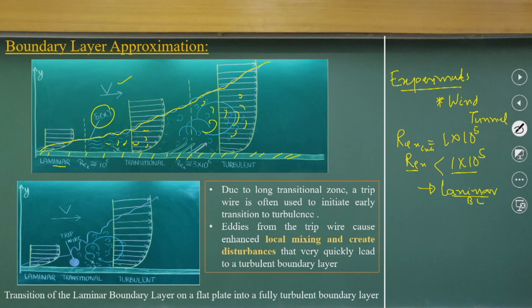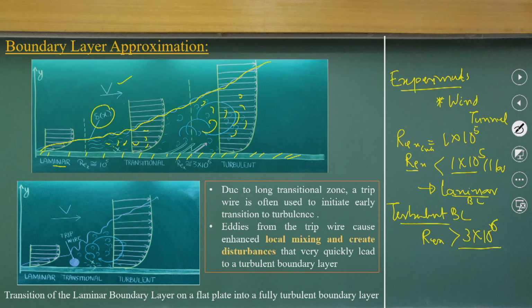And another critical limit is for the turbulent boundary layer. If the Reynolds number is greater than 3 million, 3 times 10 to the power 6, just remember it, and this is 1 lakh, this is 3 million.